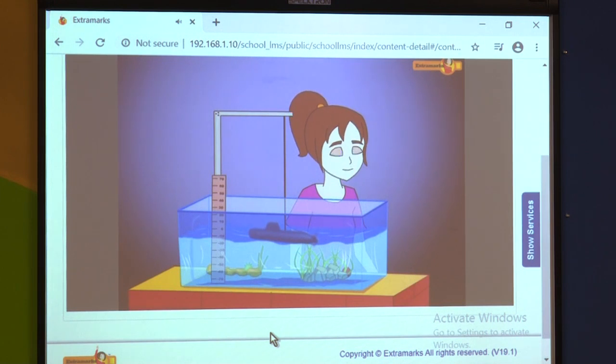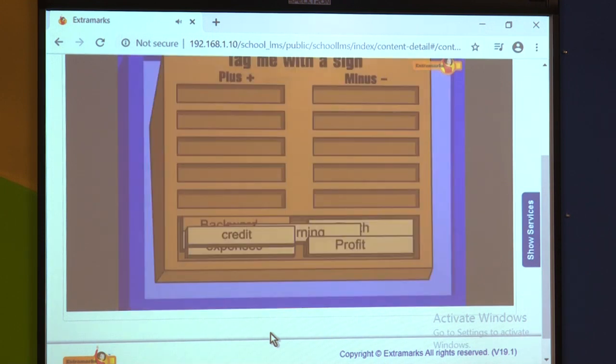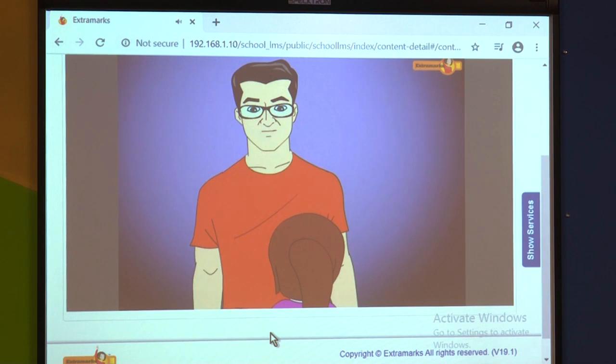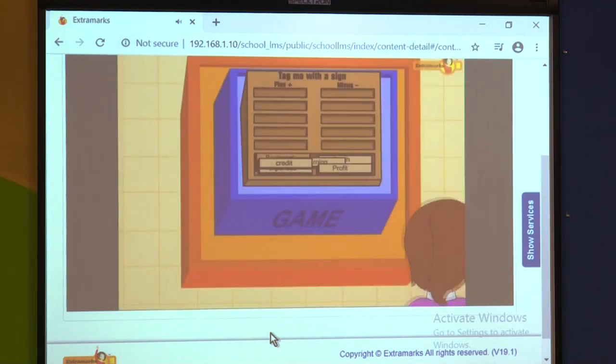Father, look at this. The depth of the submarine from the sea level is measured with a negative integer. Kathy, here are some terms that are identified with integers. Can you arrange them according to their respective sign in the columns given here? Yes, Father, I can.